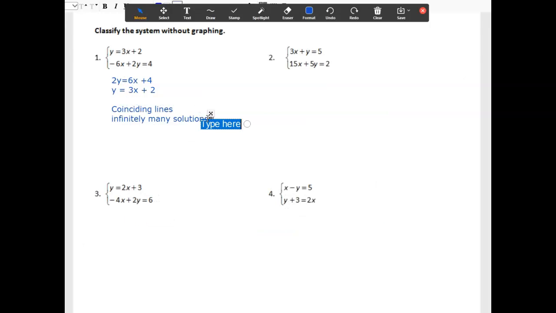So everything should make sense in terms of that. So coinciding, many solutions. And then the last part is that they are a dependent system.